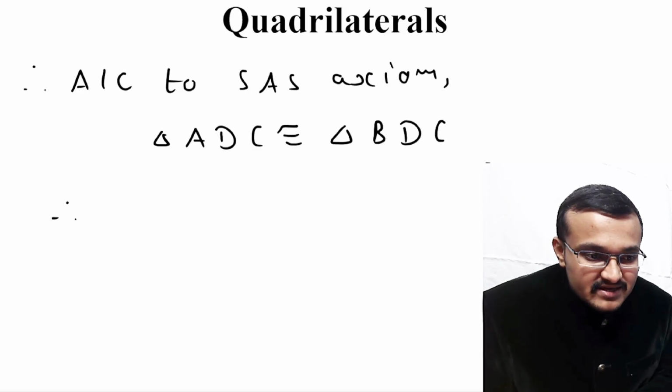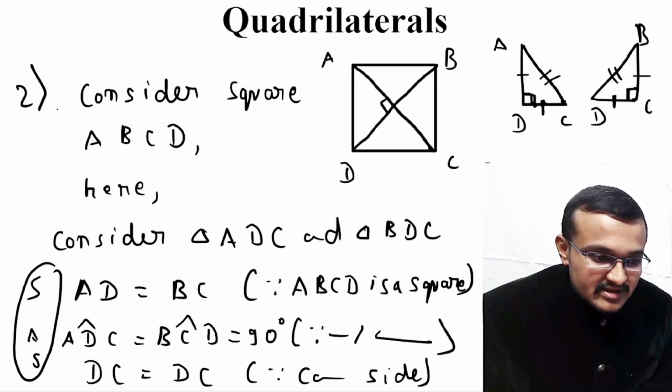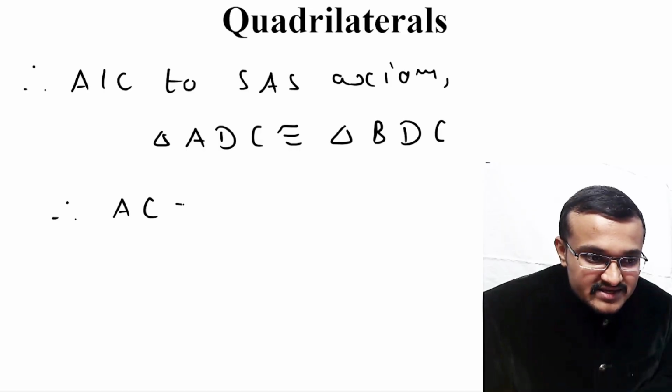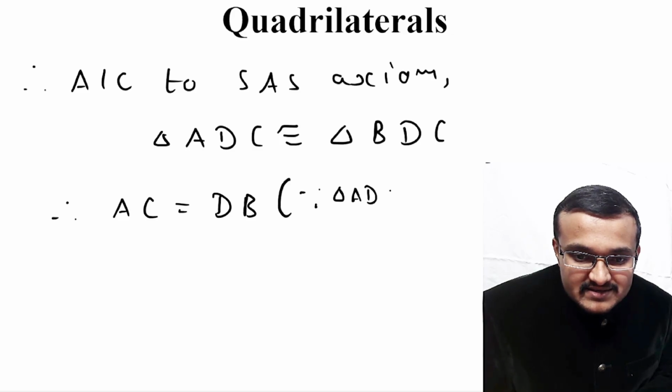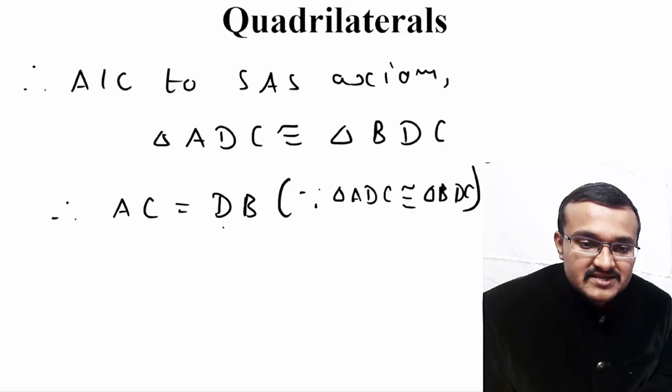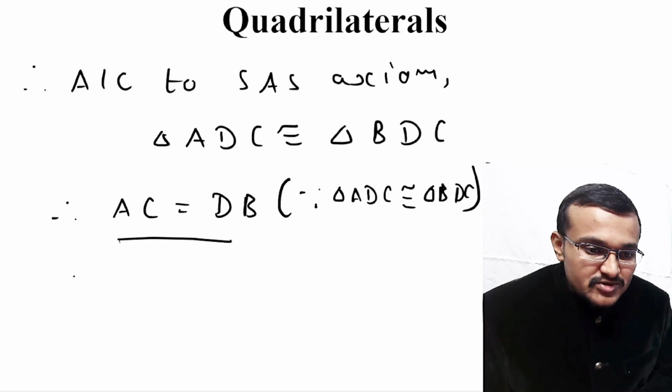Therefore this particular side will be equal to this particular side, that is AC will be equal to DB. This is because triangle ADC is congruent with triangle BDC. So now we have proved diagonals of a square are equal to each other.